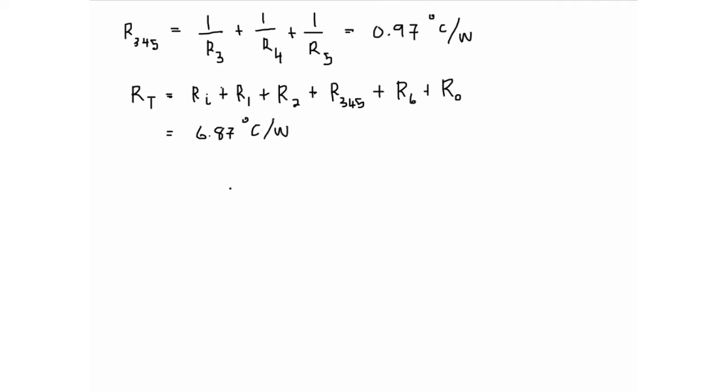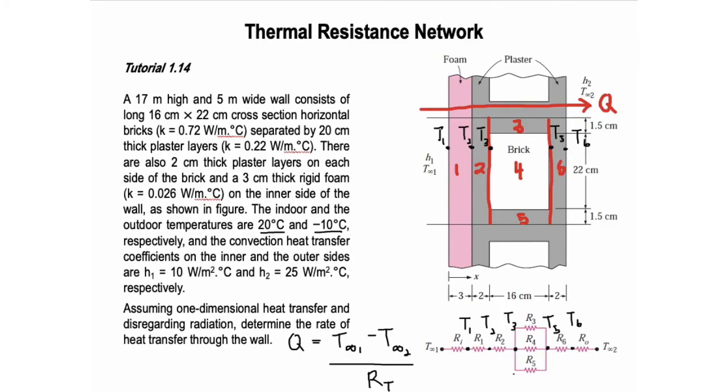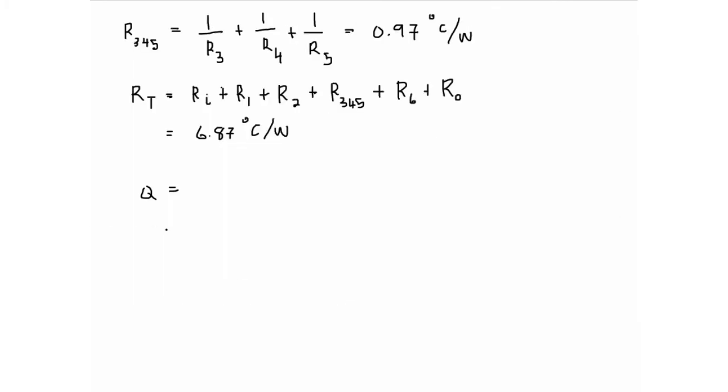Now you can calculate the Q. So you have T infinity 1 is 20 degrees C minus negative 10. Okay, so everything divided by 6.87.